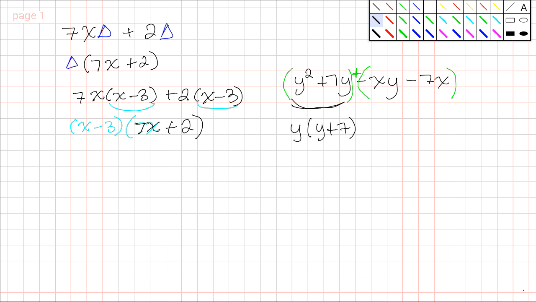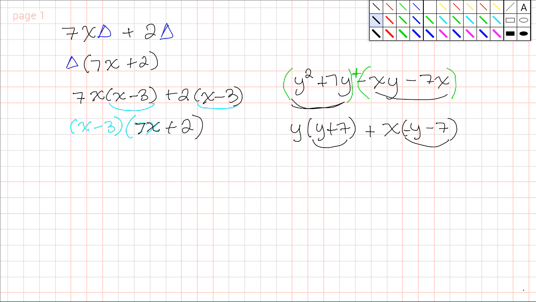Now I look at the second binomial of that polynomial, and I see that between xy and 7x, they have an x in common. So I'm going to go ahead and factor out x. So x times negative y, minus 7. When I do this, notice that this term and this term are very similar, but not quite the same.